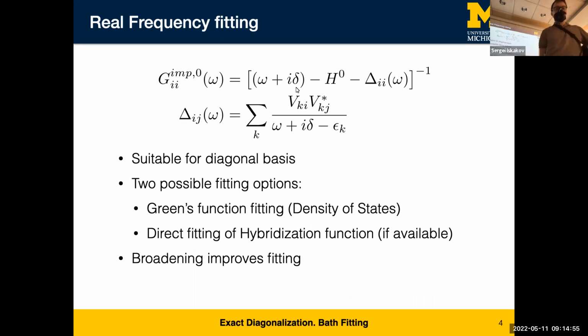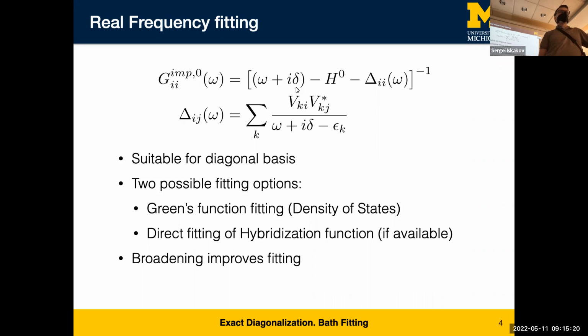So in all of the field theory approaches, right, G of omega, or G impurity of omega, is just a continuous function, and it doesn't really have any interpretation in terms of a finite set of impurity states or level states. It's a matrix valued function of real frequency. It's positive semi-definite.